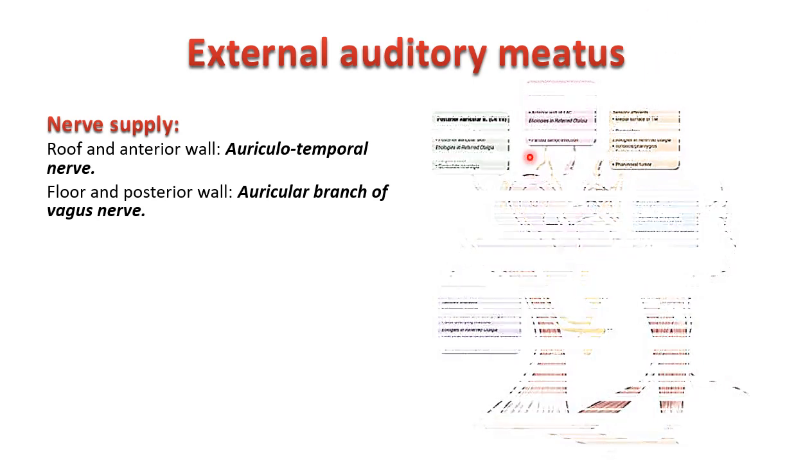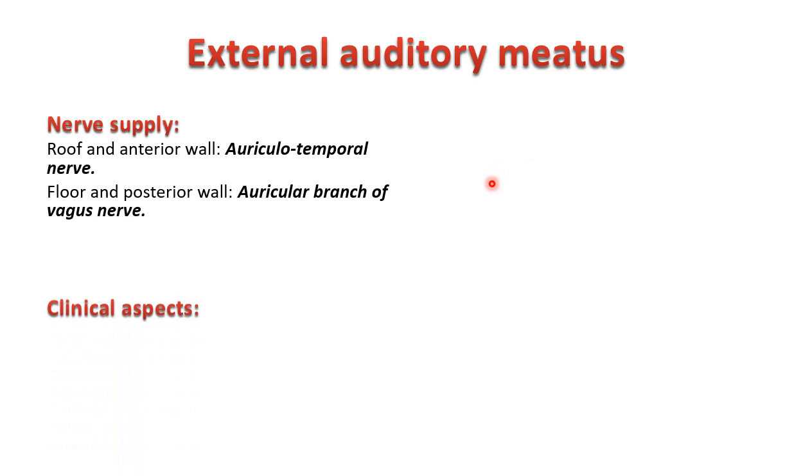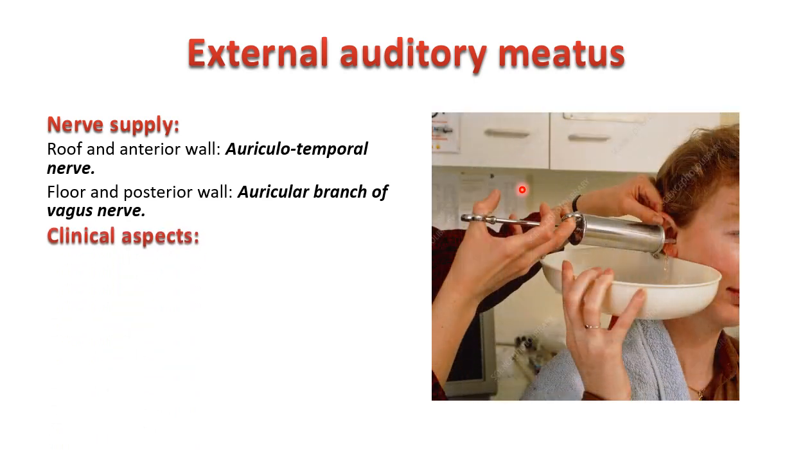Okay, so coming to the clinical aspects of the external ear: collection of earwax. If too much earwax is trapped inside the ear, naturally it blocks the external auditory meatus. At the same time your hearing is impaired, and earwax can also produce pain if it is impacting your external auditory meatus.